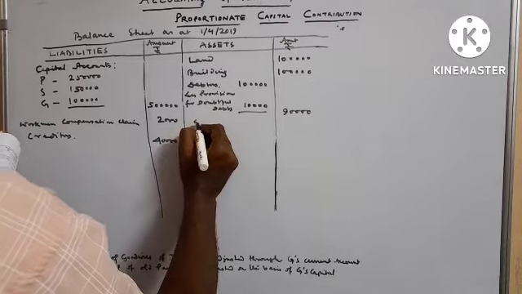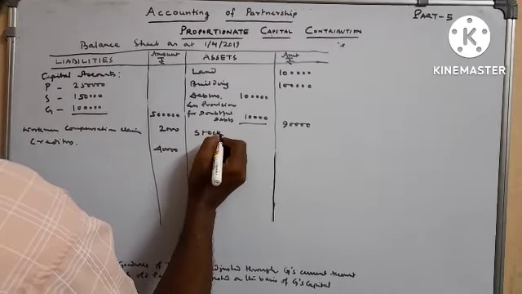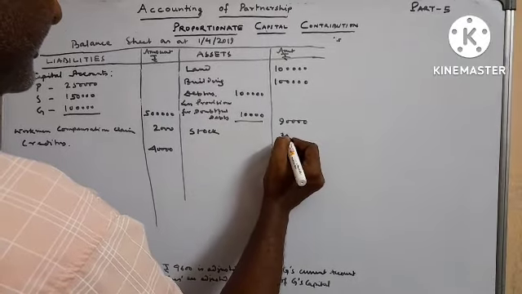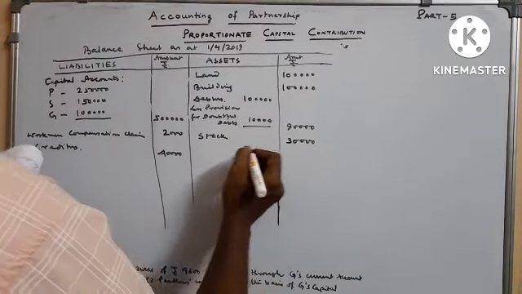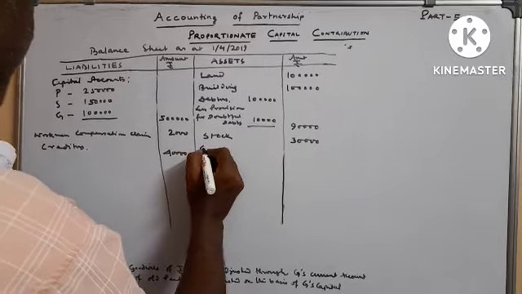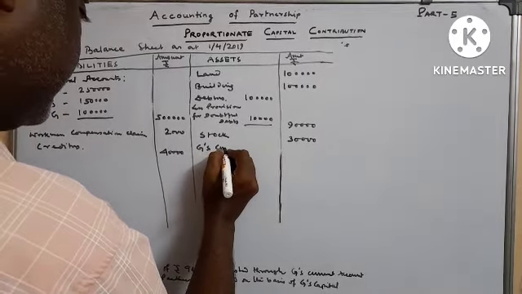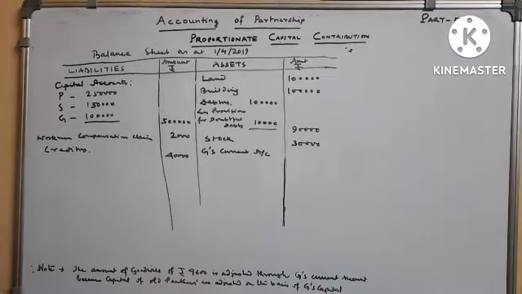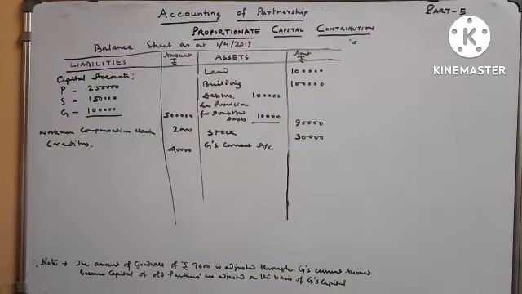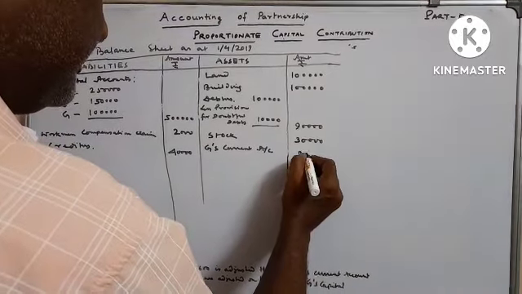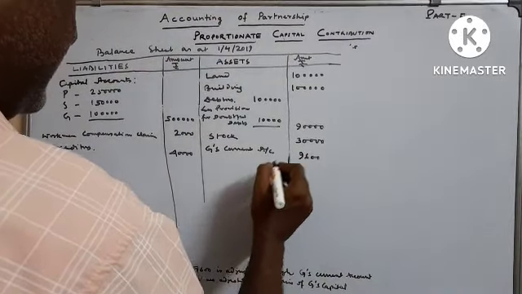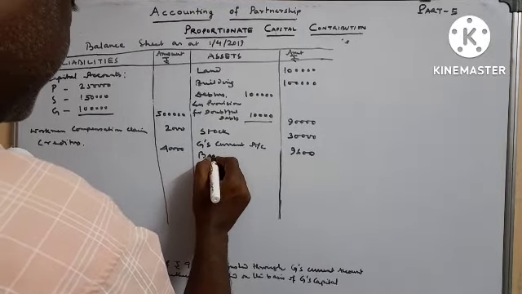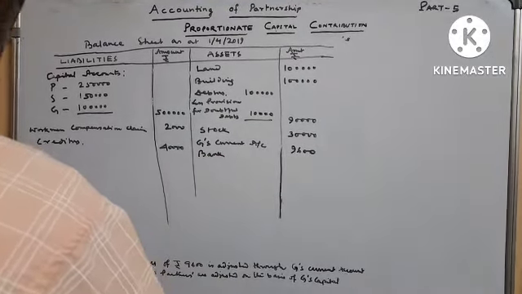Then stock. Stock how much given? 30,000. Then G's current account. Current account shows debit balance, that's why asset. How much? 9,600. Bank balance. What is the bank balance?